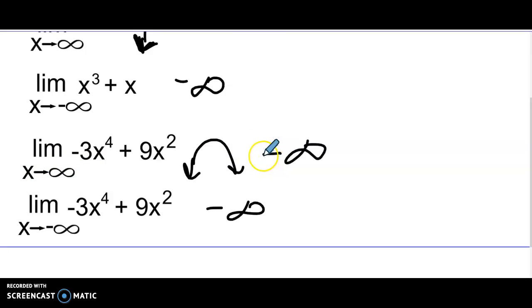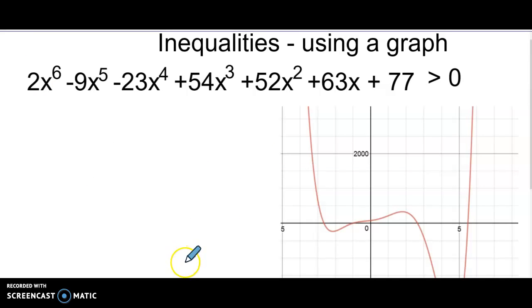That means what's happening to the right of the graph? Well, the right of the graph is going to negative infinity. The limit as x approaches negative infinity means what's happening at the far left of the graph when x is negative? Well, y was also going to negative infinity there. Both answers are negative infinity.